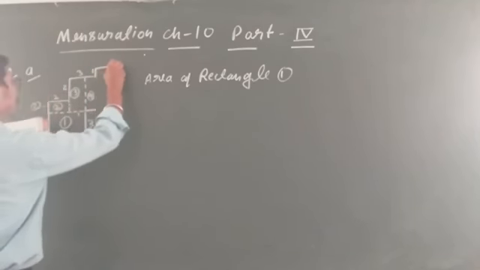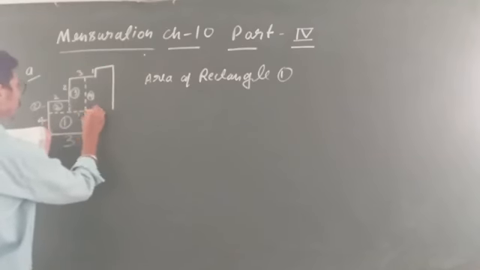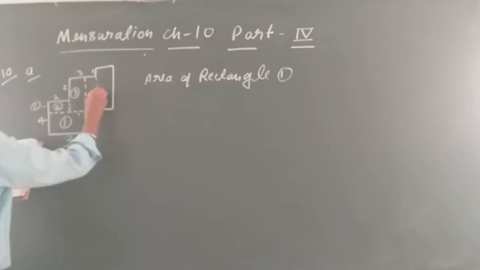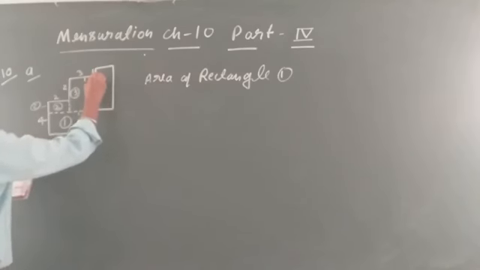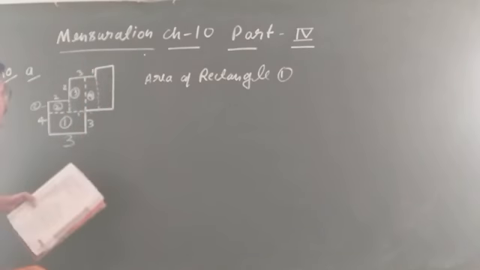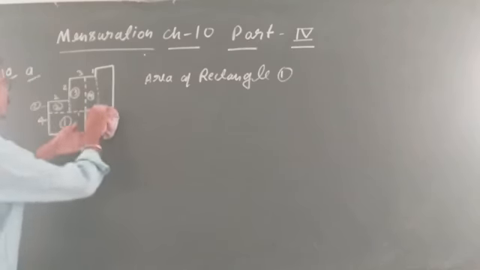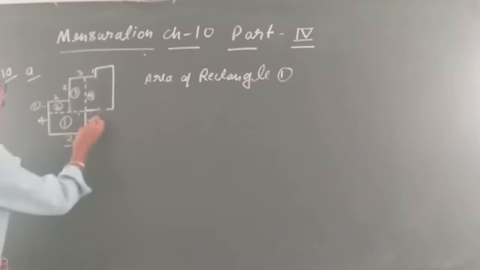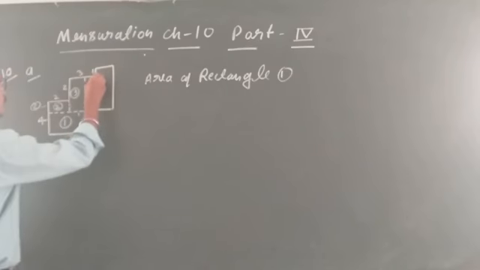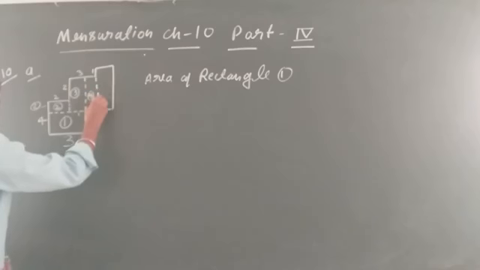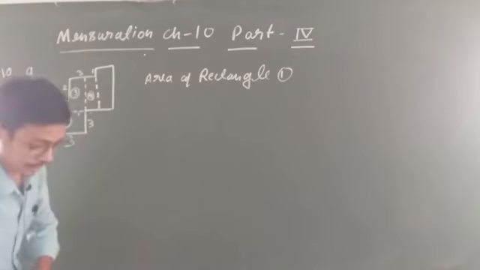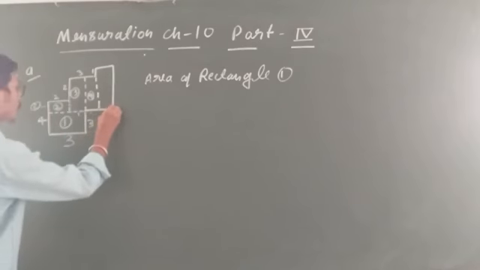So if you do not draw the diagram well, then your diagram will be incorrect. Clear, student? So this is our diagram. This is total, and this is about half. Due to this, I am making it very carefully. Okay, student? So now come to the question.